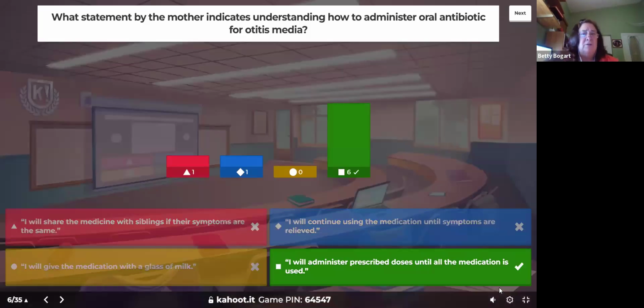So, with otitis media, like any other infection that requires antibiotics, you're going to administer the prescribed doses until it's all done. You can't say, oh, it's all better, let's stop, because then that infection will just come back, and you're starting back from square one again. So continue all the medicine.